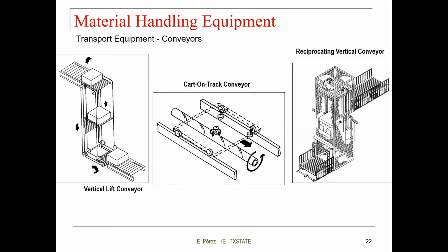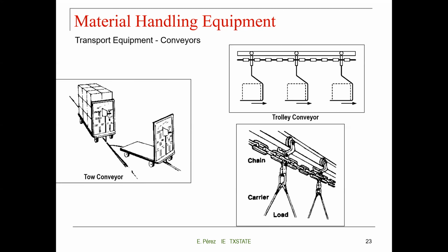Transport equipment conveyors. So again, a lot of different types. Reciprocating vertical conveyor, those are common in warehouses and distribution centers. Here we have the trolley type of conveyor in which you have a belt at the top and then you're moving your product.